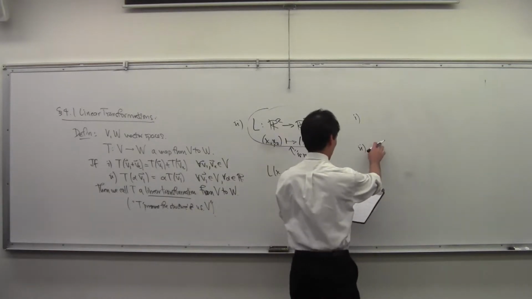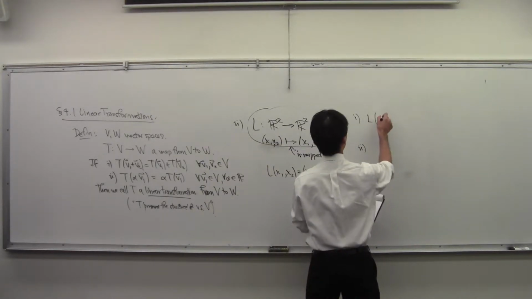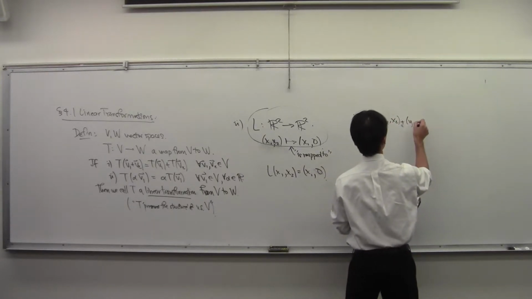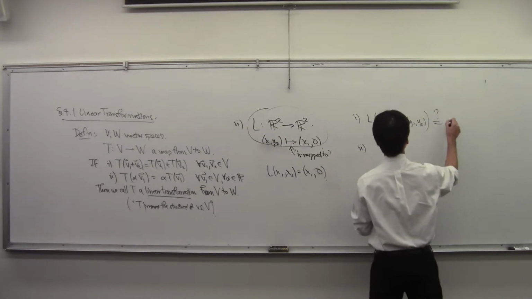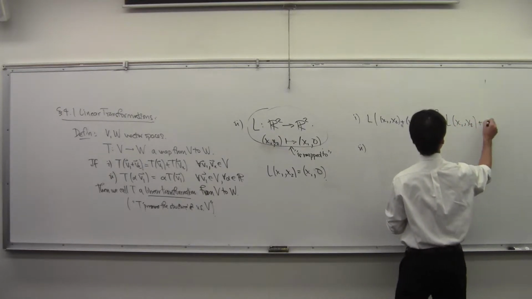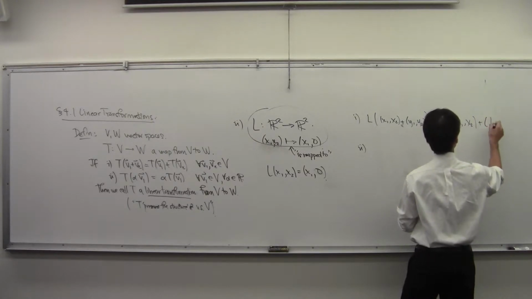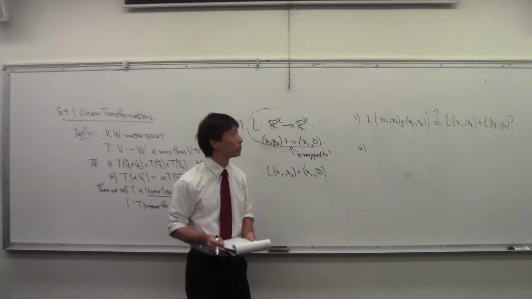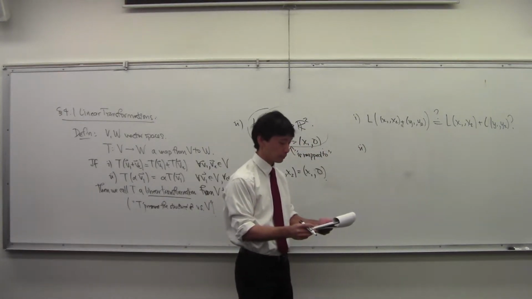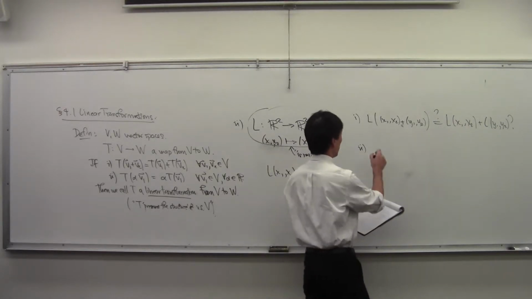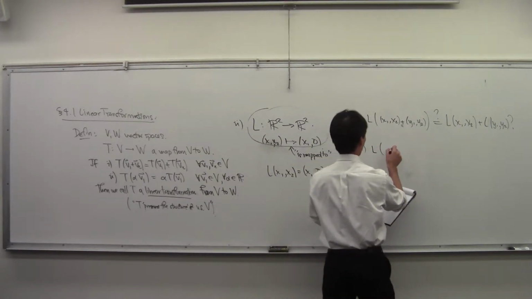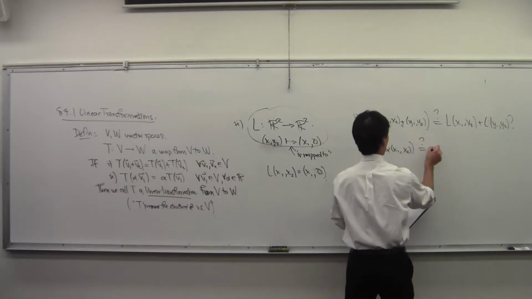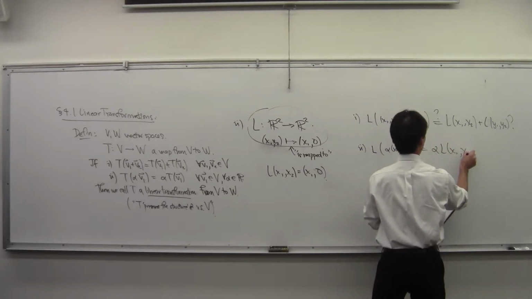Well, we have to think: if we take the sum of two guys, x1, x2 plus y1, y2, is that the same thing as L of x1, x2 plus L of y1, y2? And the second thing we have to ask is whether L of alpha x1, x2 is the same thing as alpha times L of x1, x2.